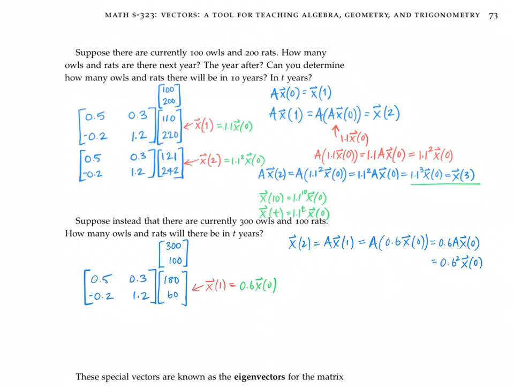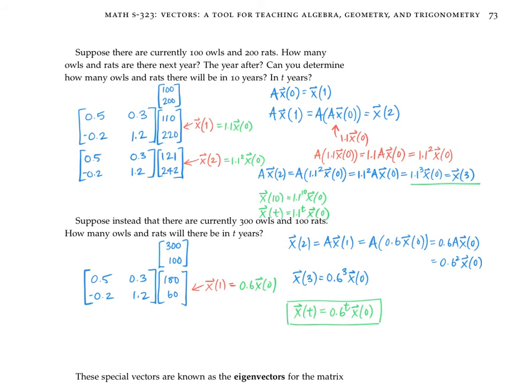So the same pattern is happening as above, but instead of the scalar multiple being 1.1, the scalar multiple in this case is 0.6. And so x of 3 would be 0.6 cubed times x of 0, and x of t would be 0.6 to the t power times x of 0. These are pretty special results.